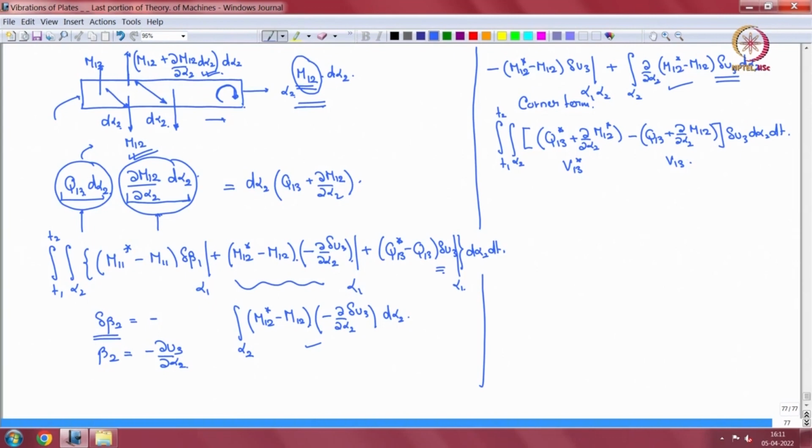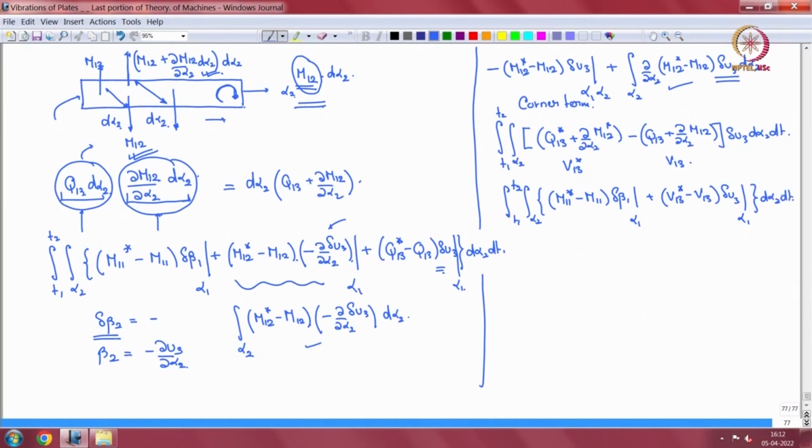And so if we now put this back into the original full boundary condition, I get integral T1 to T2 alpha 2, M11 star minus M11 delta beta 1 at the ends of alpha 1, plus V13 star minus V13 delta U3 at the ends of alpha 1 edge, d alpha 2 dt.